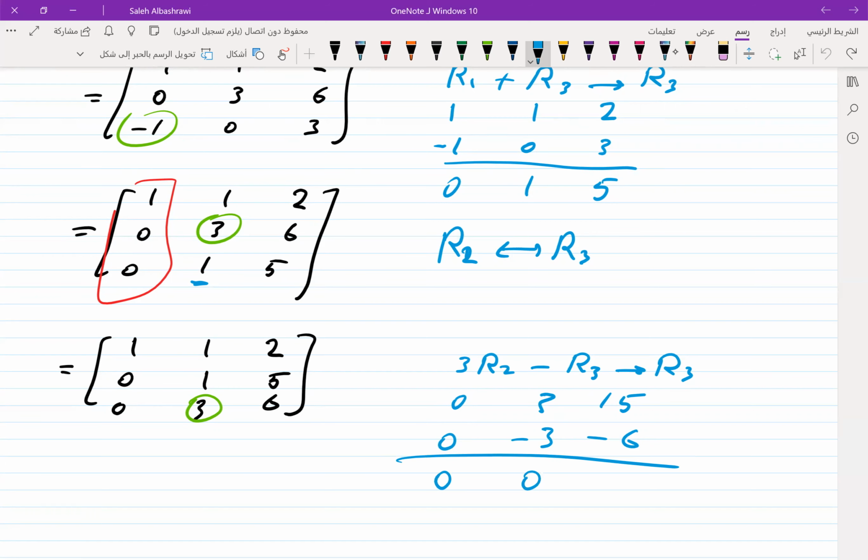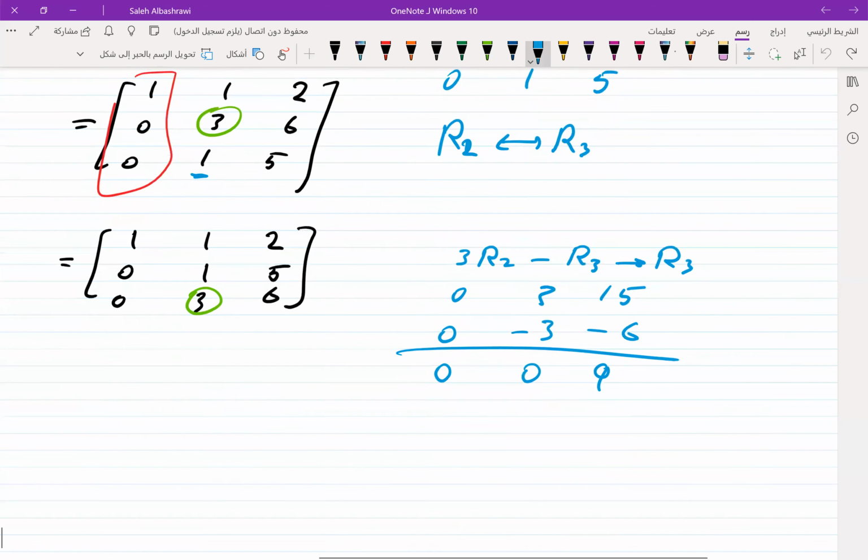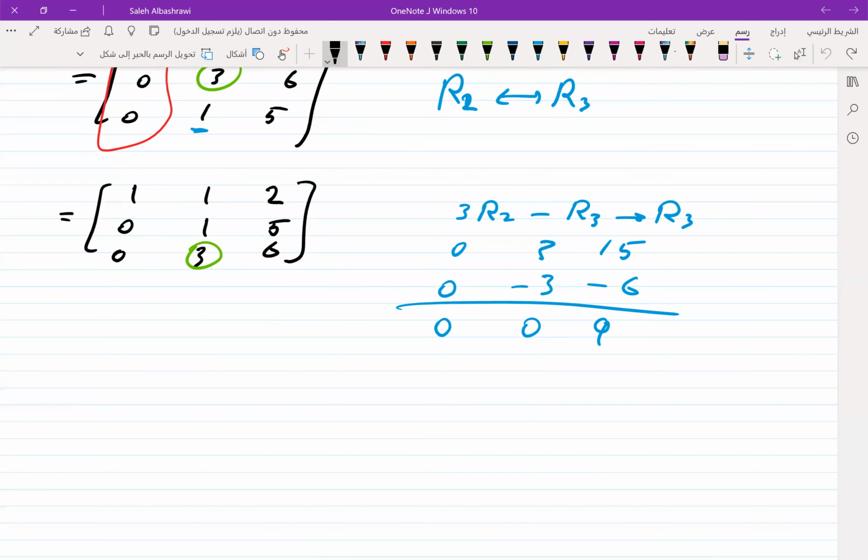I'll have 0, 0 and 9. So this is equal to 1, 1, 2, 0, 1, 5, 0, 0 and 9.